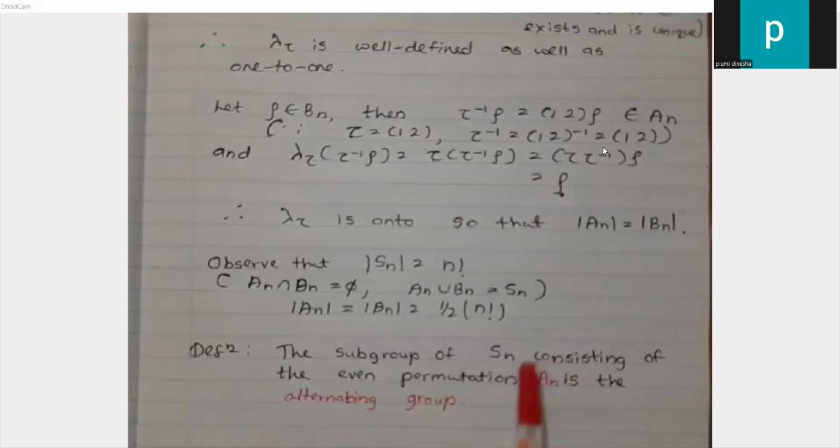So this An is what we call the alternating group.